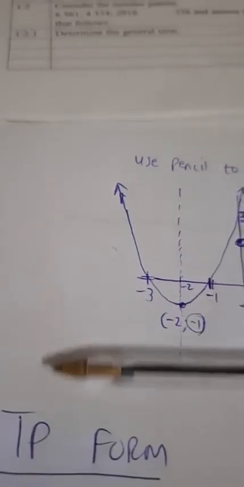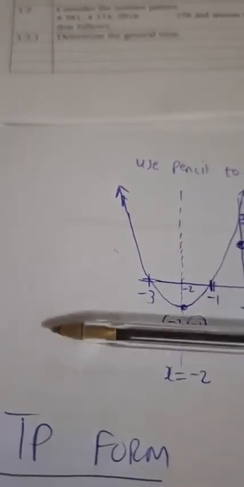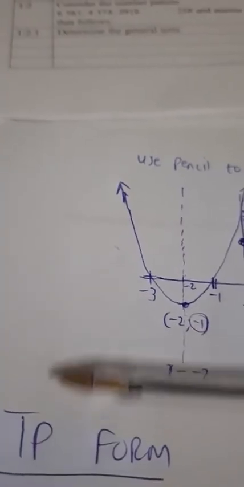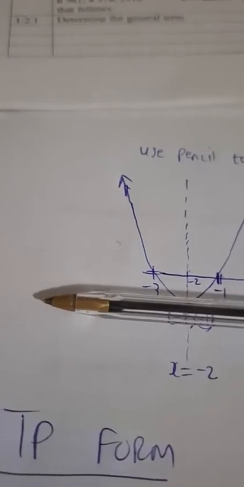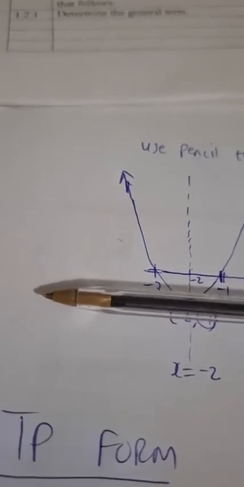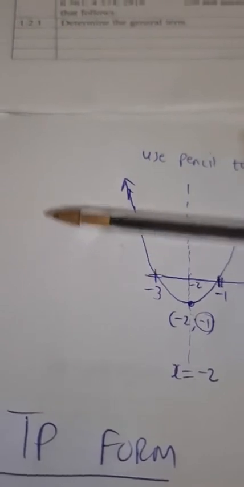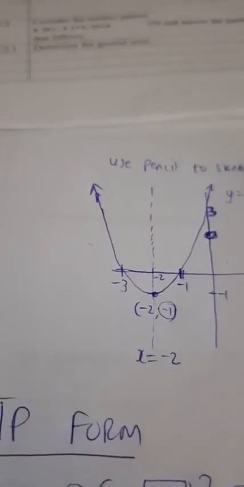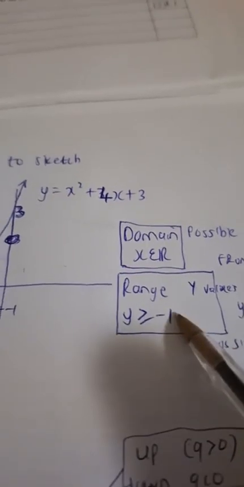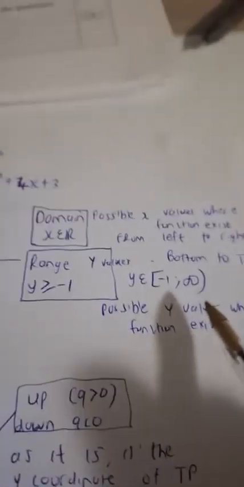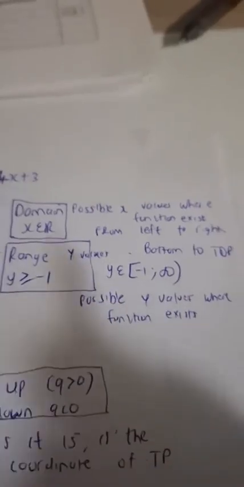But if I look below this line, there's no function that you can actually touch below the line -1. But at -1, it's there, just 1 point touches. Above -1, it's there everywhere. Okay, so that's why we say y is greater than or equal to -1. So you're always checking what are the y values where the function exists.